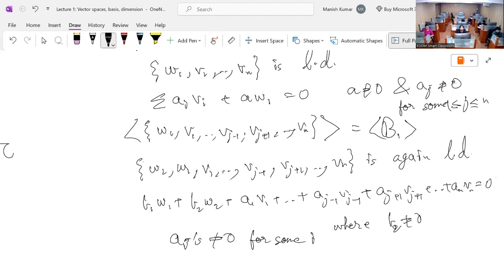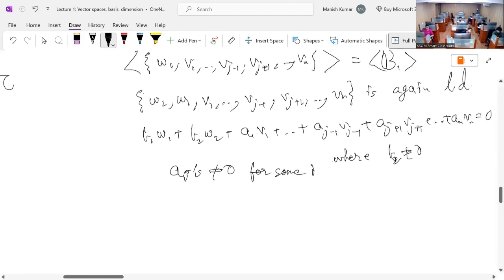Then you can replace that Vi and add another W3. So keep going this way.